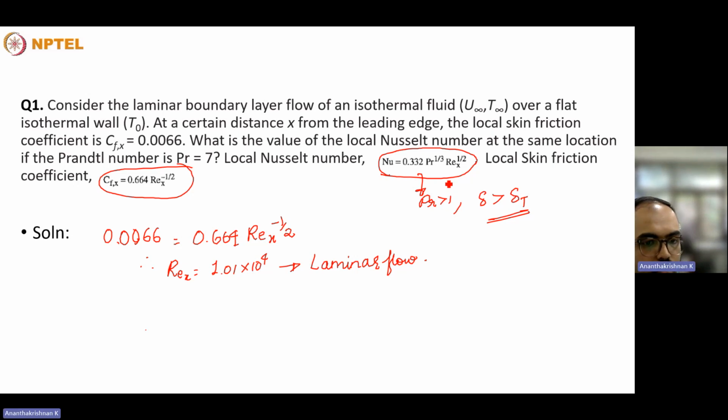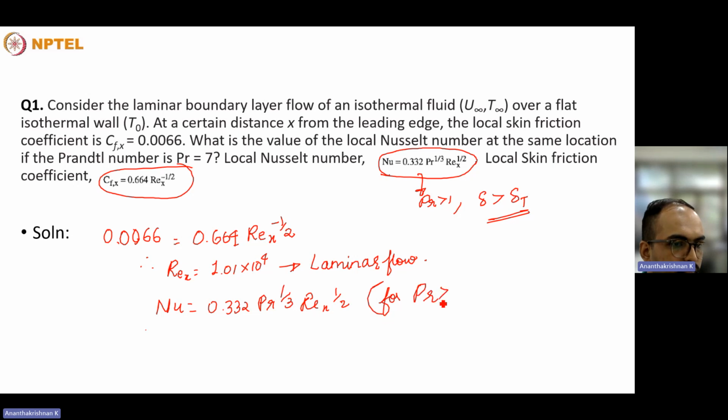and the solution involves the shooting method, or some kind of numerical technique. So we can directly use this value. Nusselt number is equal to 0.332 into Prandtl number raised to 1/3 into Reynolds number raised to 1/2, for Prandtl number greater than 1.